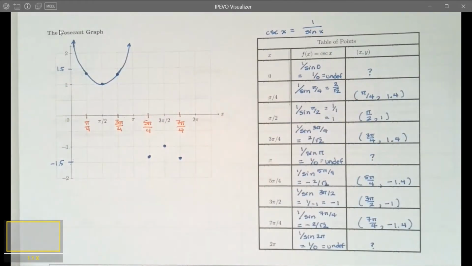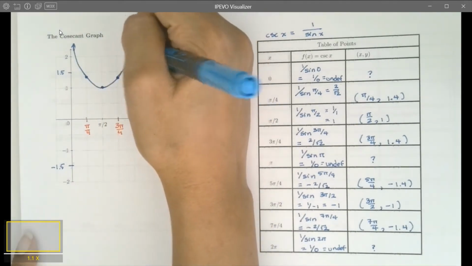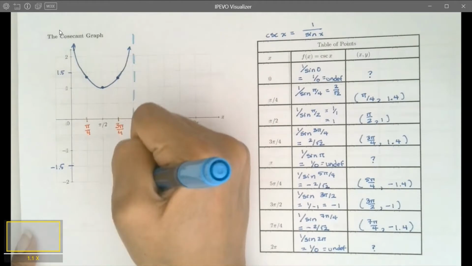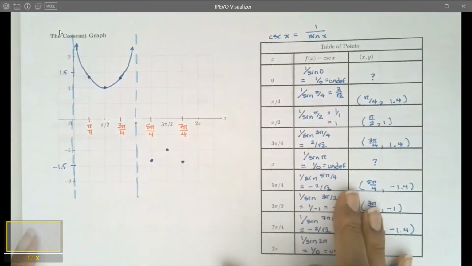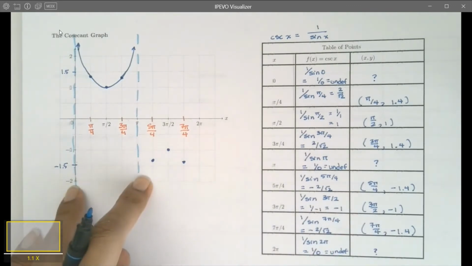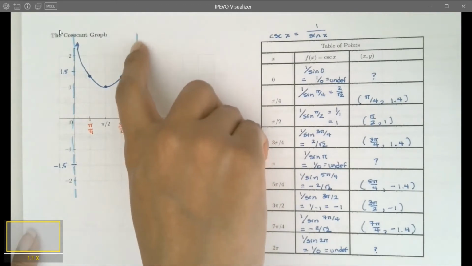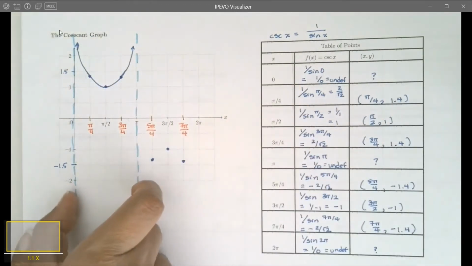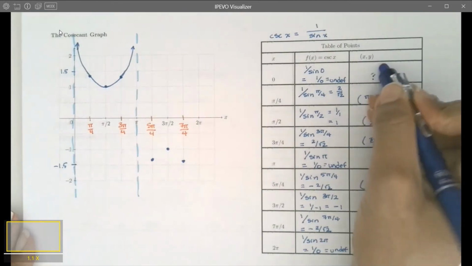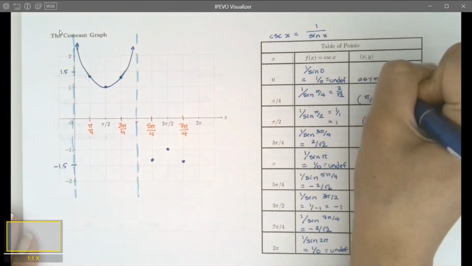So the behavior that we're seeing here is special, and we actually draw vertical lines at the places where the graph is undefined. These vertical lines attract the shape of the graph. The graph will go towards those lines, but they never cross, and they're called asymptotes. So here, I'm going to label this asymptote.